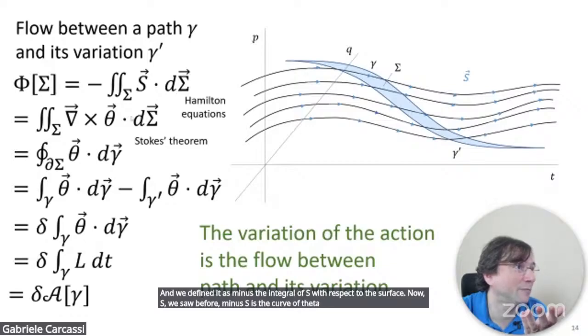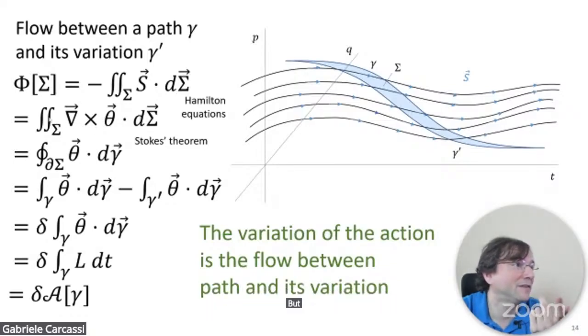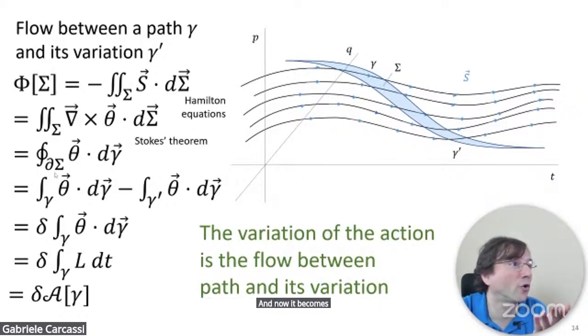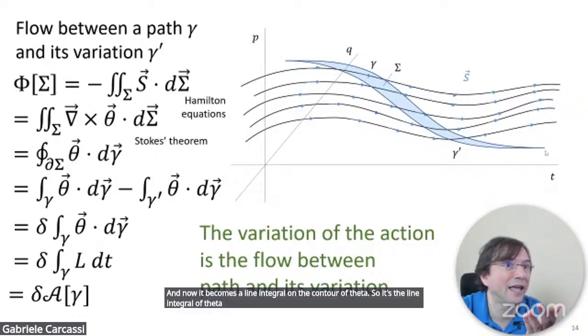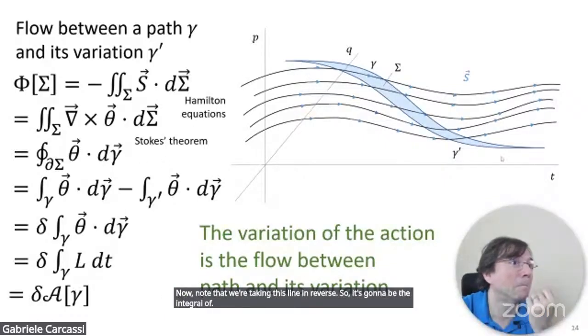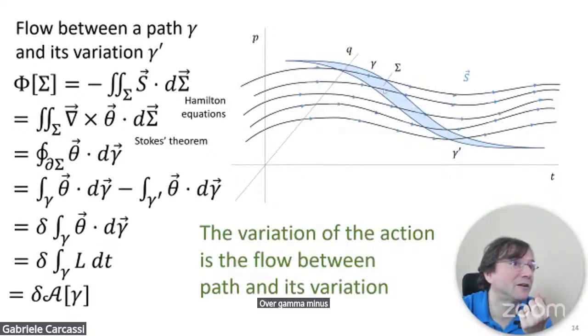So using the Hamilton equation, we can make this step. We put it here. But this is the surface integral of the curl. We can use the Stokes theorem. And now it becomes a line integral on the contour of theta. So it's the line integral of theta along this line and along this line. Now, note that we're taking this line in reverse. So it's going to be the integral over gamma minus the integral over gamma prime.